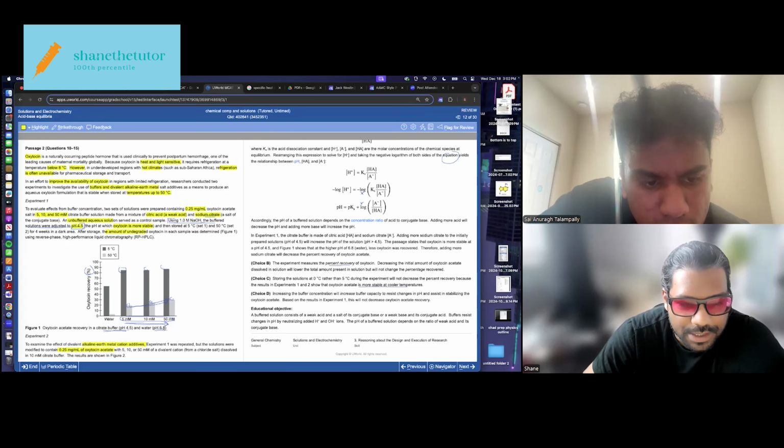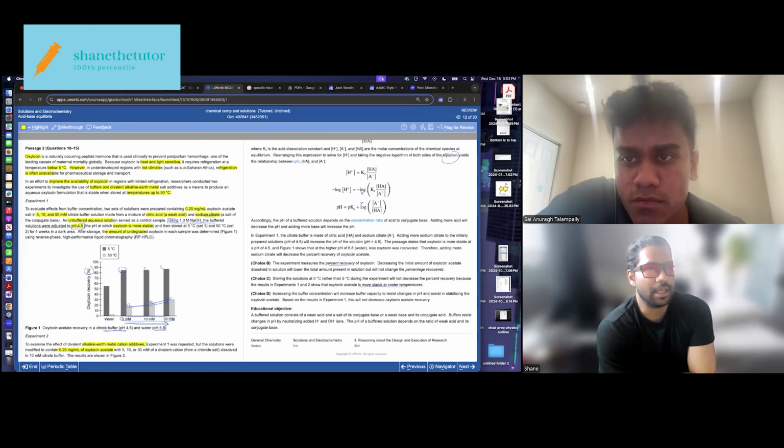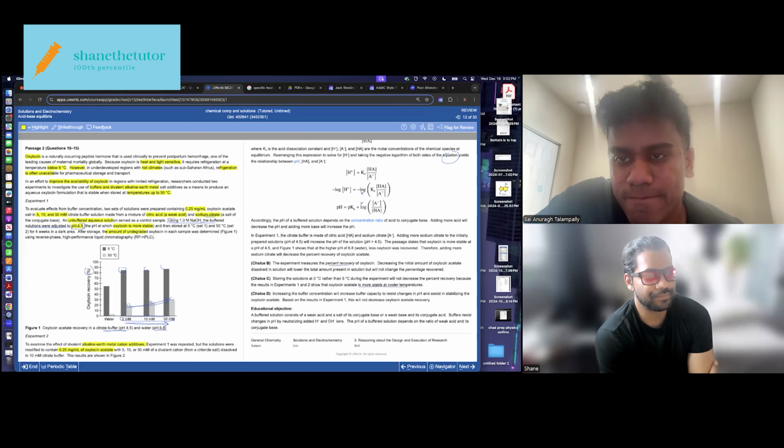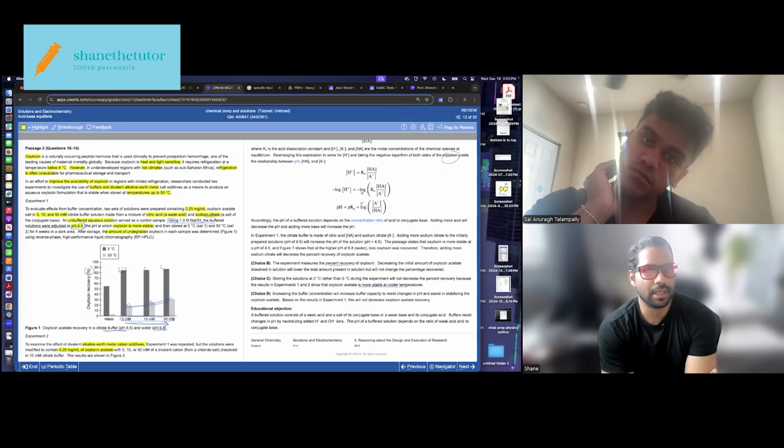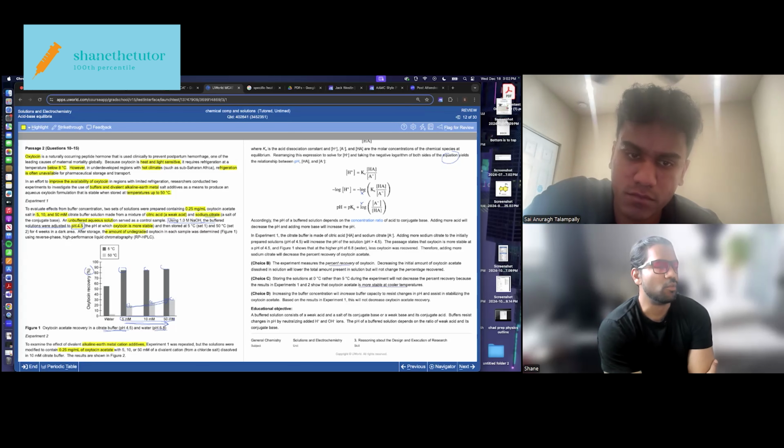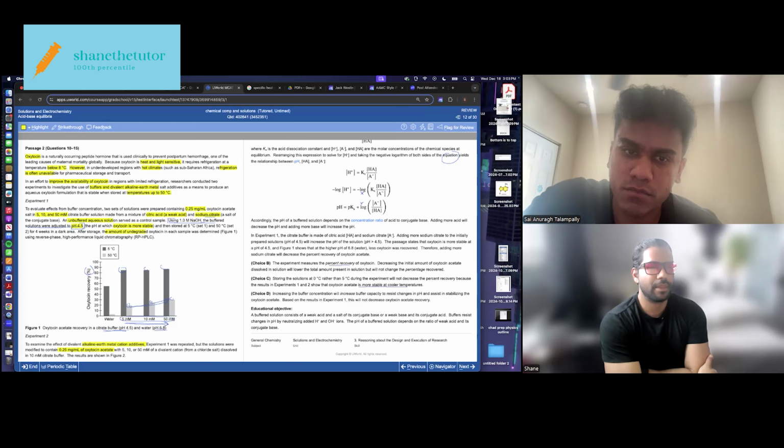So what seems to happen here is that if you add more of the sodium citrate, which is the conjugate base, we should see an increase in pH beyond 4.5, which would decrease the percent recovery of the oxytocin.